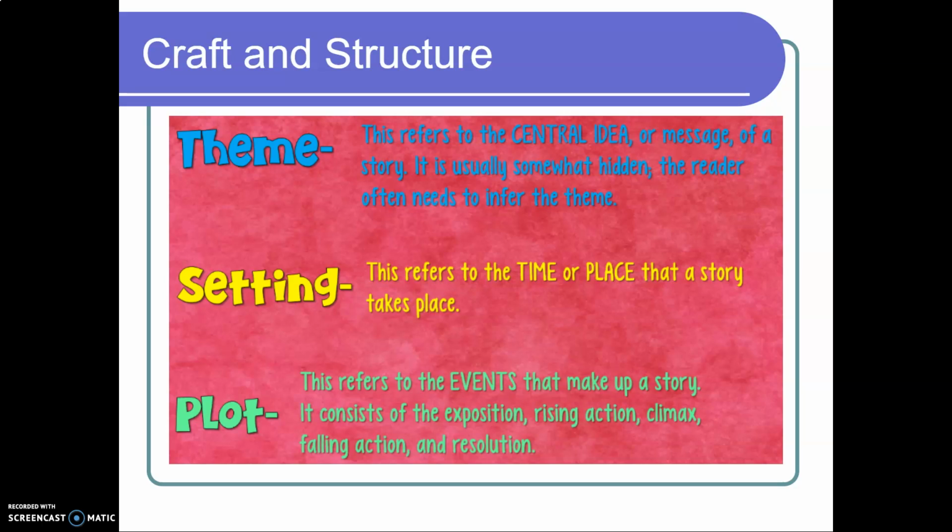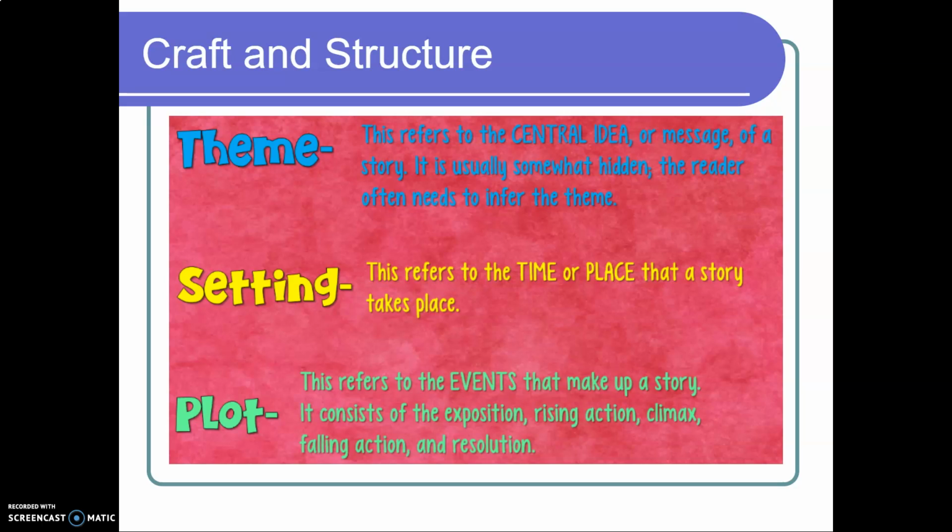Another part of structure is setting. This refers to the time or place that a story takes place. Remember yesterday we talked about how settings can change. They often change from one location to the next. Settings could be fictional, they could be real settings.